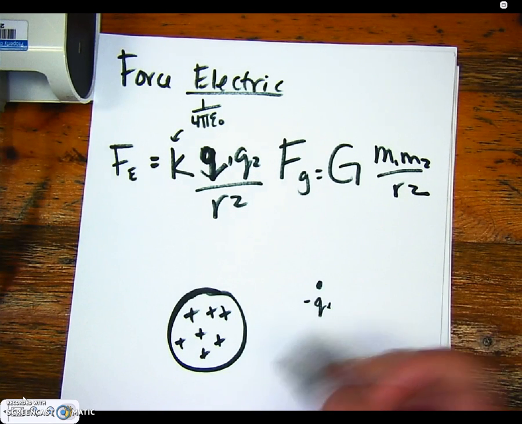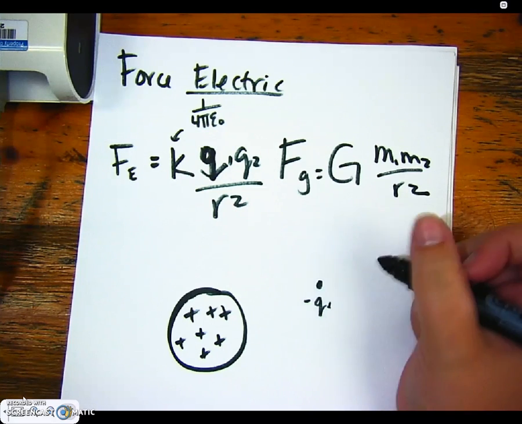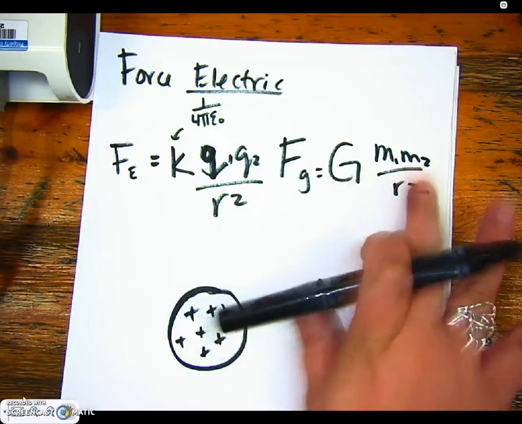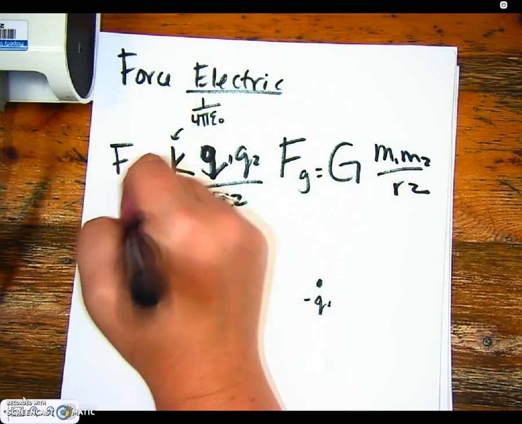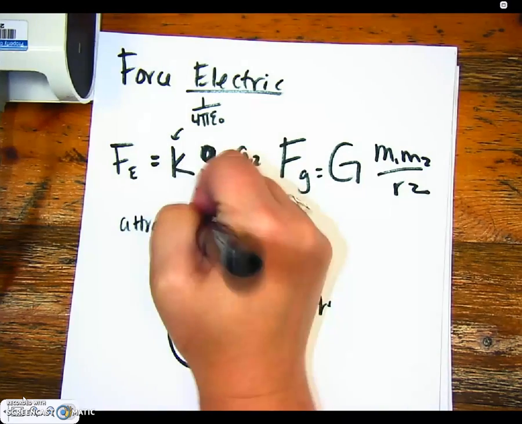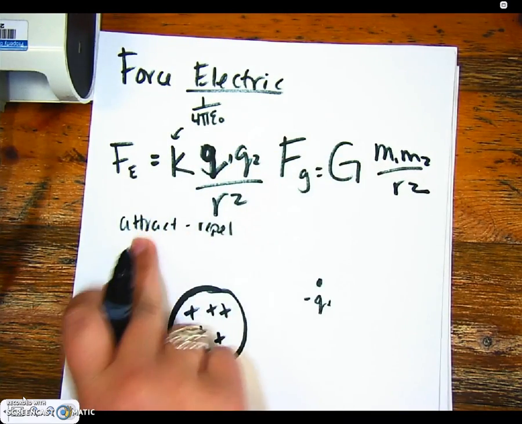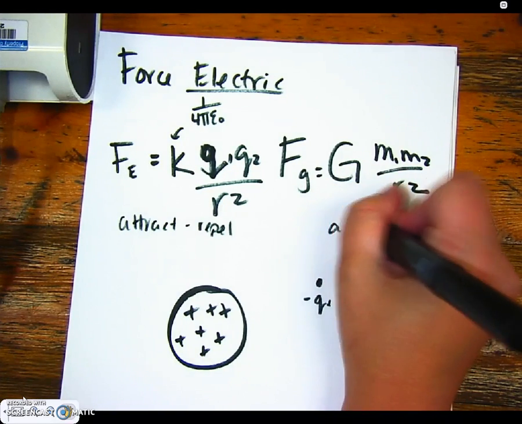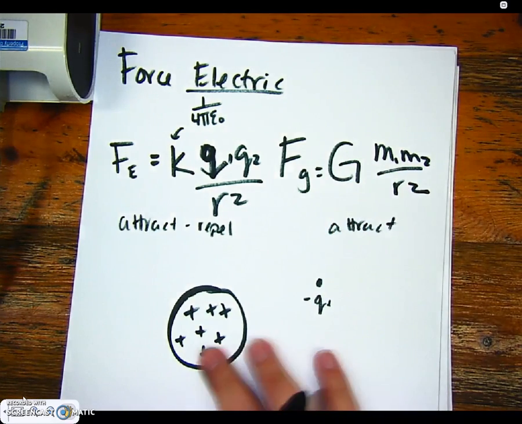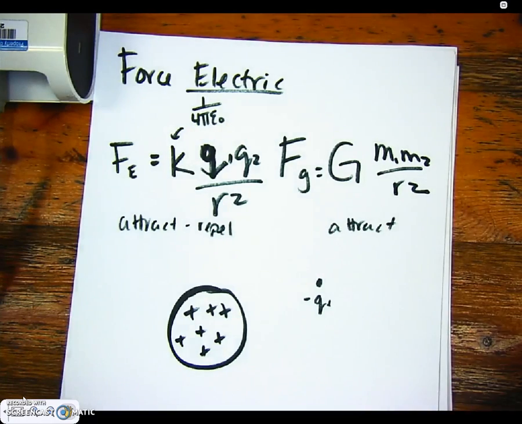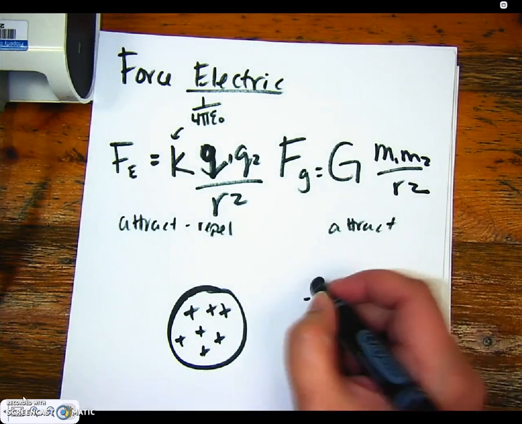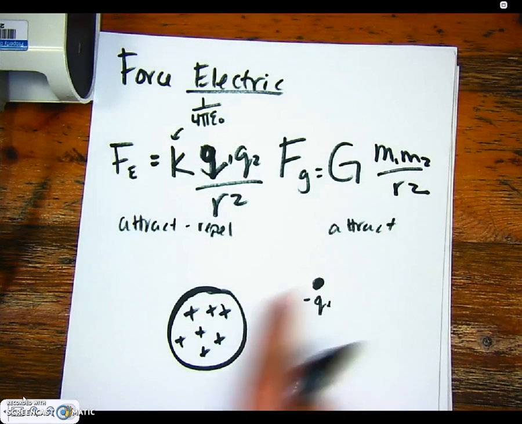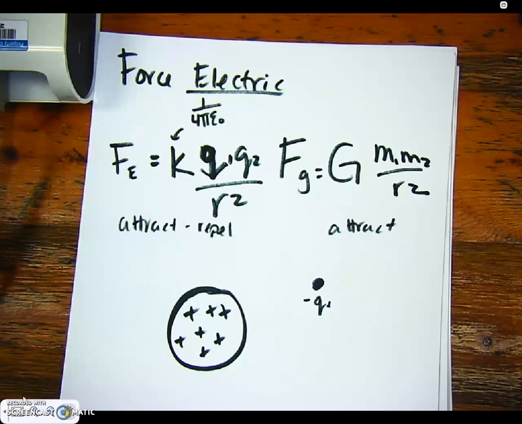If I drew that force, it would be an attractive force. One difference between this force and gravity is that the electric force can be either attractive or repulsive, since opposites attract and likes repel, whereas gravity is only attractive. In a free body diagram, you would draw an arrow indicating a force on this charge toward the sphere.